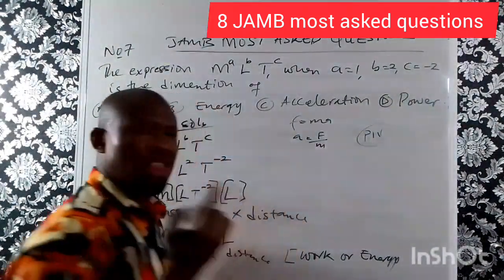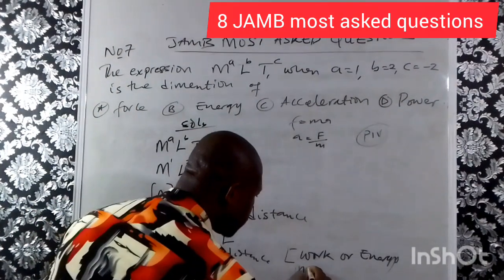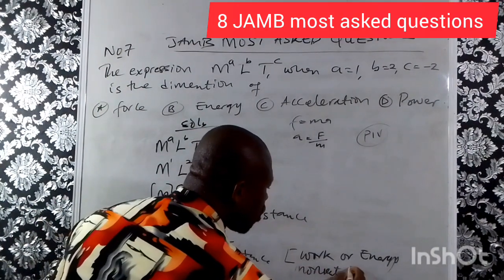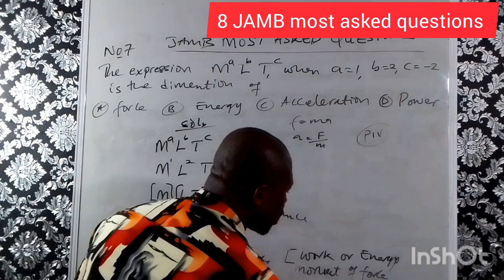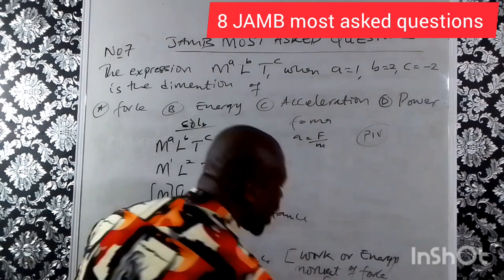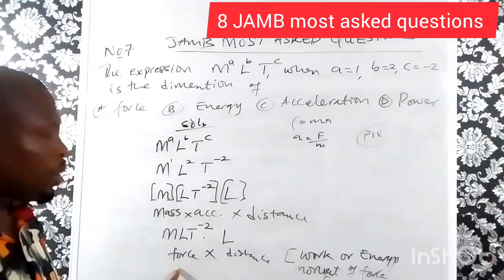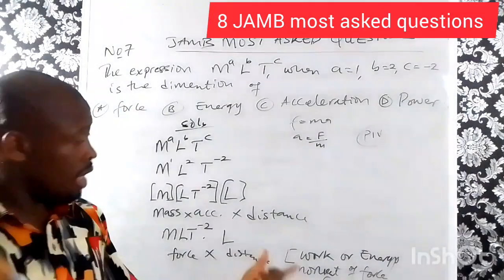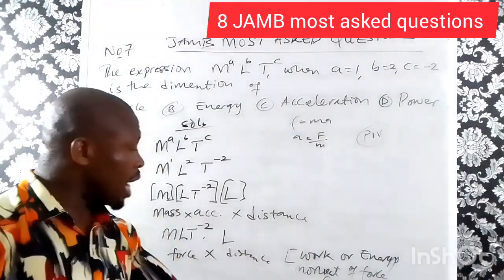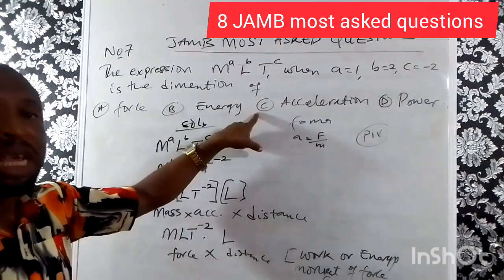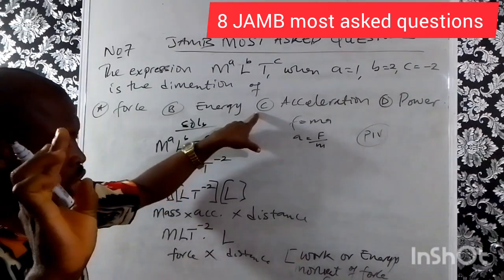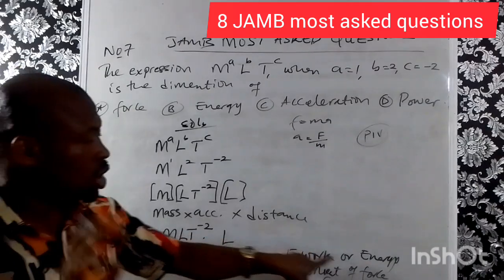Another parameter that has the same expression for this is moment of force, and of course, moment of force is force times perpendicular distance. So these three, in case it doesn't come like this, in case you have a moment, please, either you take moment, or if you see work, you put it, or if you see energy, you take it.